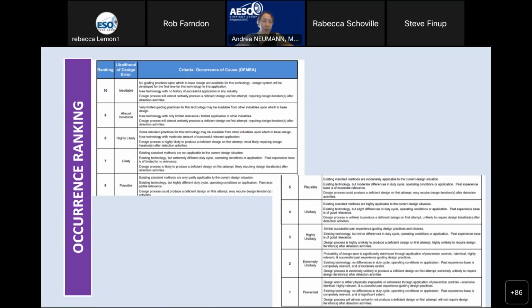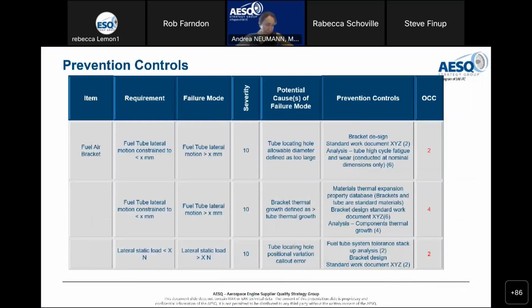And when we go on to the next slide, we will see it in the example. And you can also see there that it's always the lowest occurrence you got from the prevention controls.